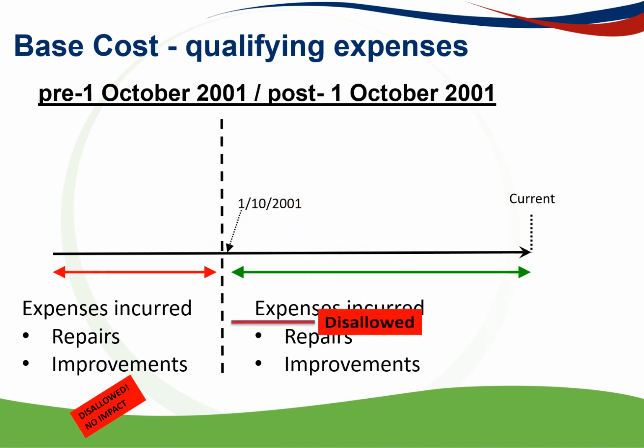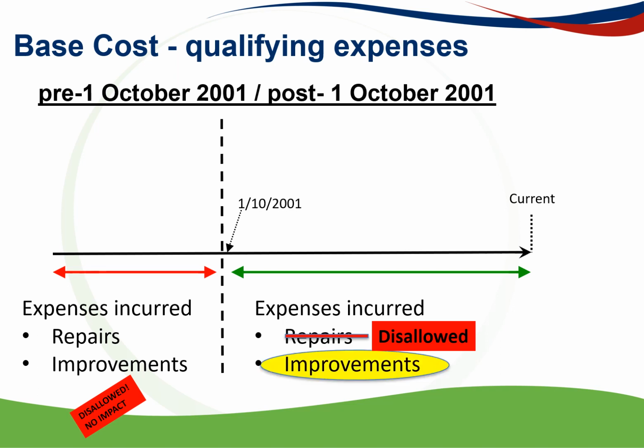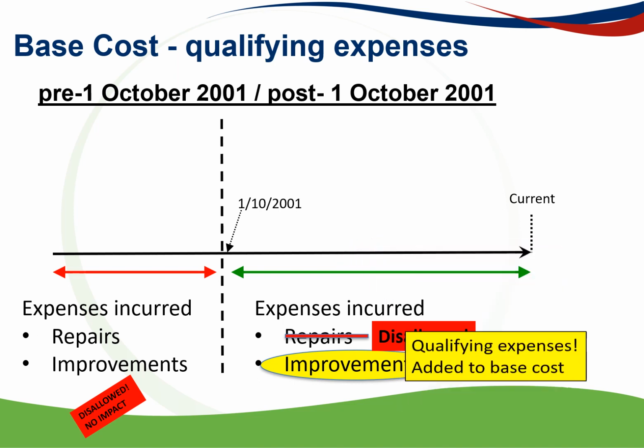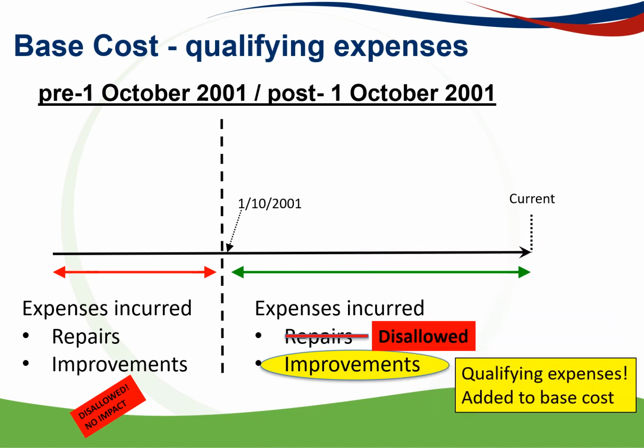And for assets purchased on or after 1 October 2001, for example, repairs won't be an allowed base cost item. Improvements, however, will be allowed as qualifying expenses that will be added as part of the base cost.